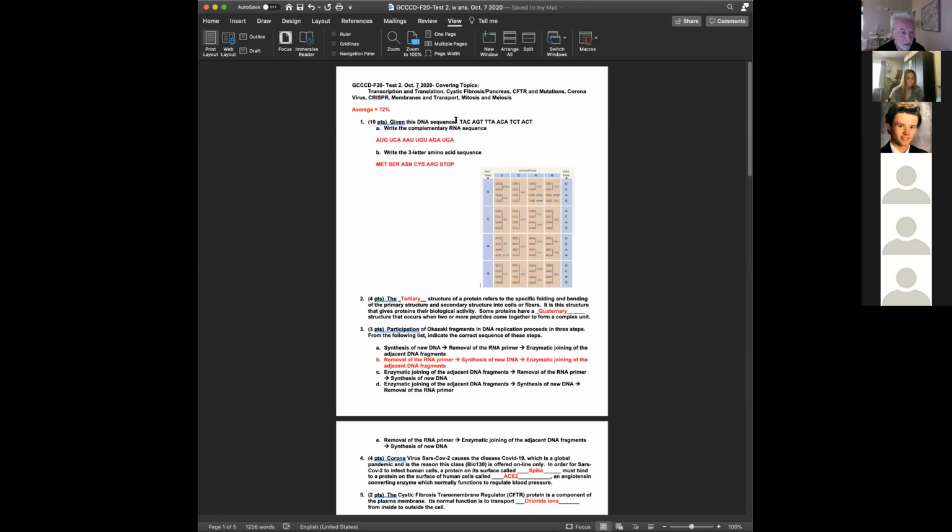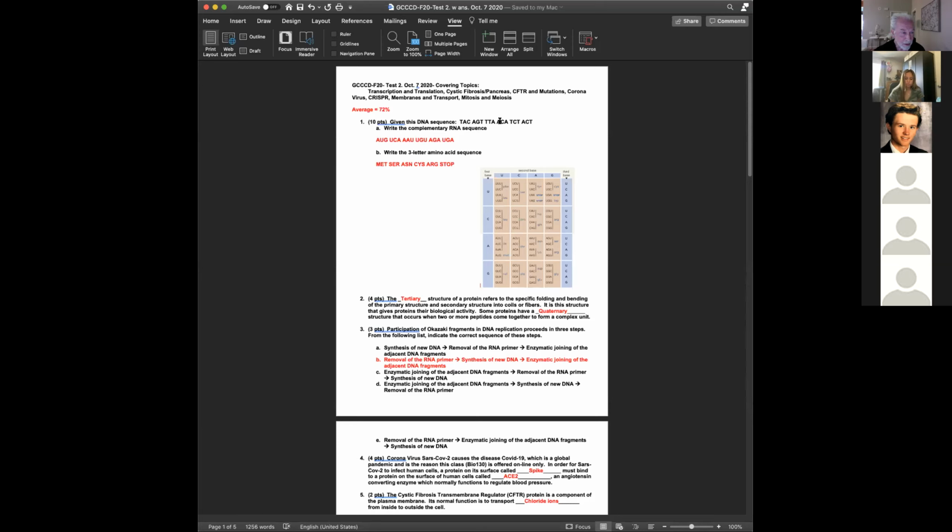So the DNA sequence given here, TAC, the first codon, T specifies in RNA an A, A specifies a T. But remember, RNA does not have T's, RNA has U's.